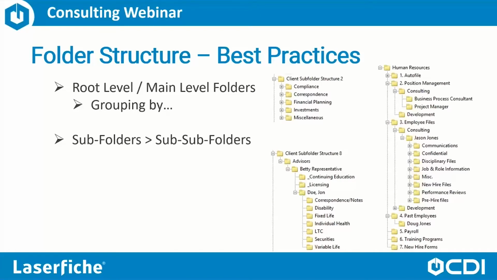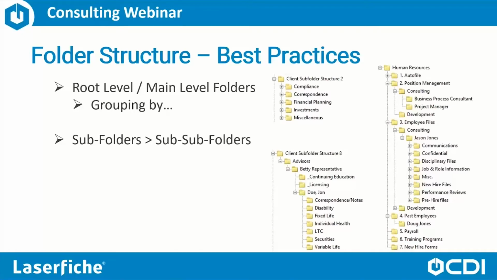If you have a large number of folders contained within a parent folder, say we're reaching thousands, tens of thousands, it would be a good idea to start breaking those folders up to make the repository more performant, as well as to make things easier to find. So for example, in folder structure 2, all of our client folders are contained just within a client folder parent folder.